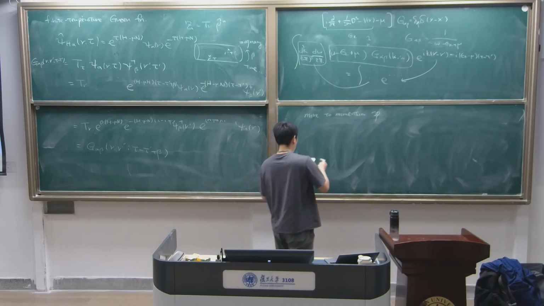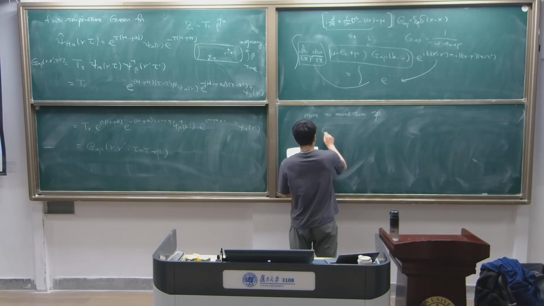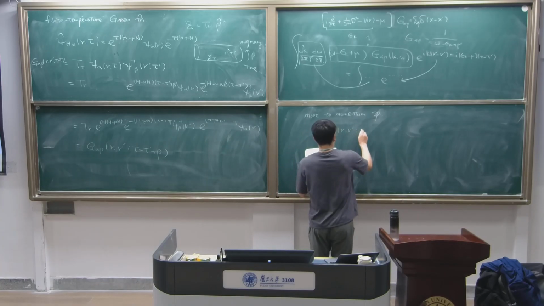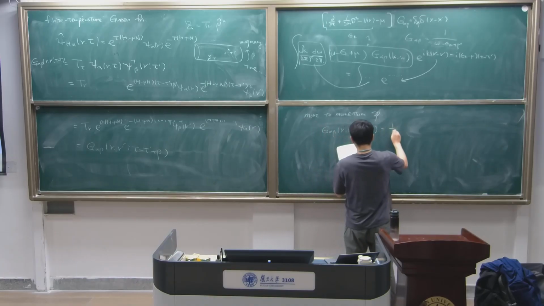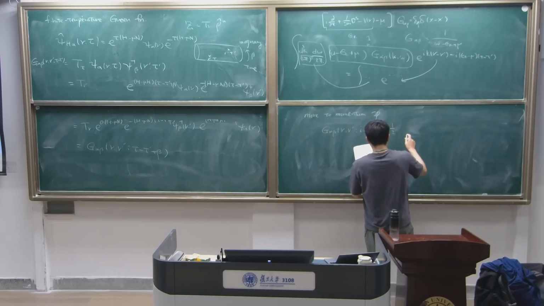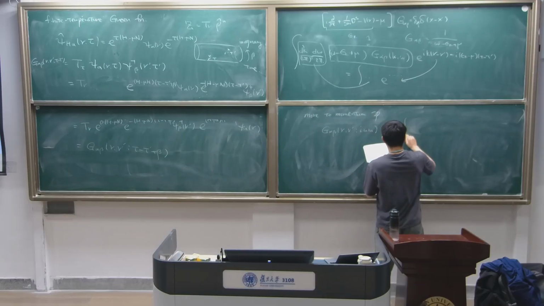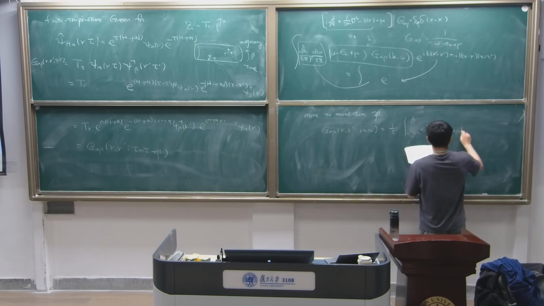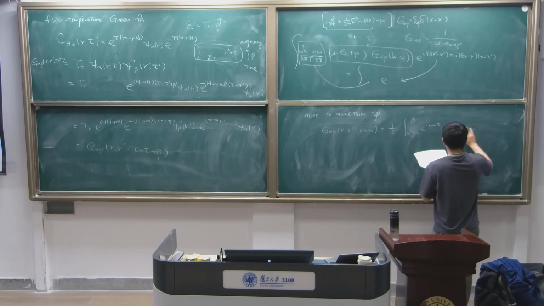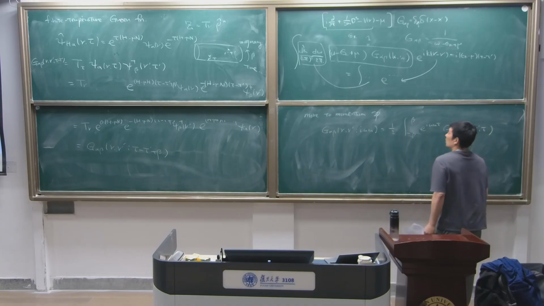We do the Fourier transform of G alpha beta, R and R prime, with e to the i omega n tau, from minus beta to beta, of e to the i omega n tau G alpha beta, R and R prime, and tau.